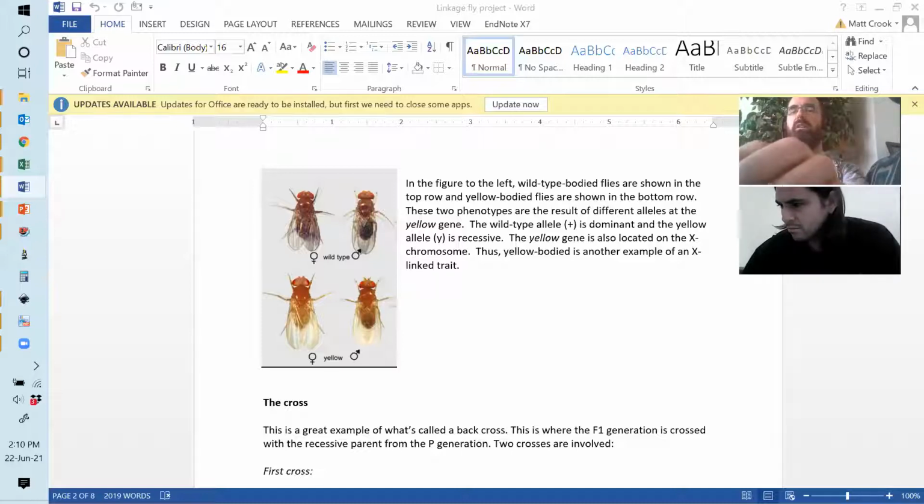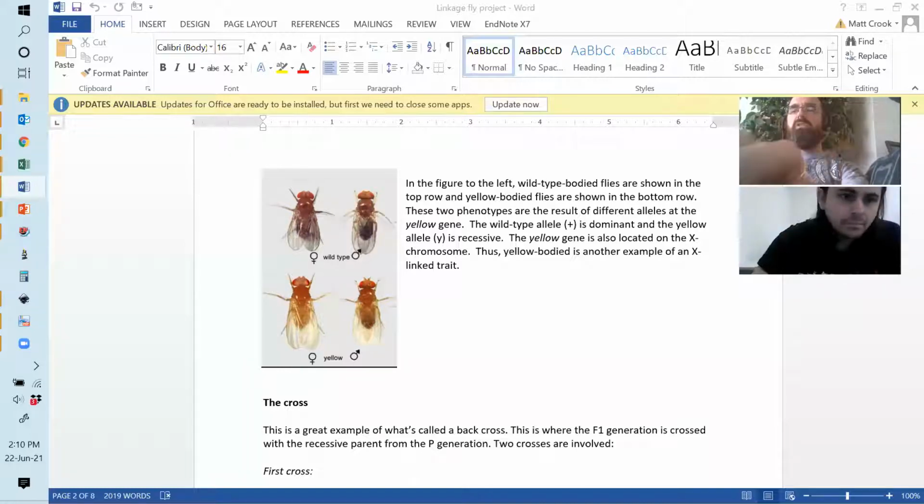Right. Now, if you have two genes close enough together on the same chromosome, there is a probability, because again, it's always a mathematical probability because it's not a certainty, because it's random, right?